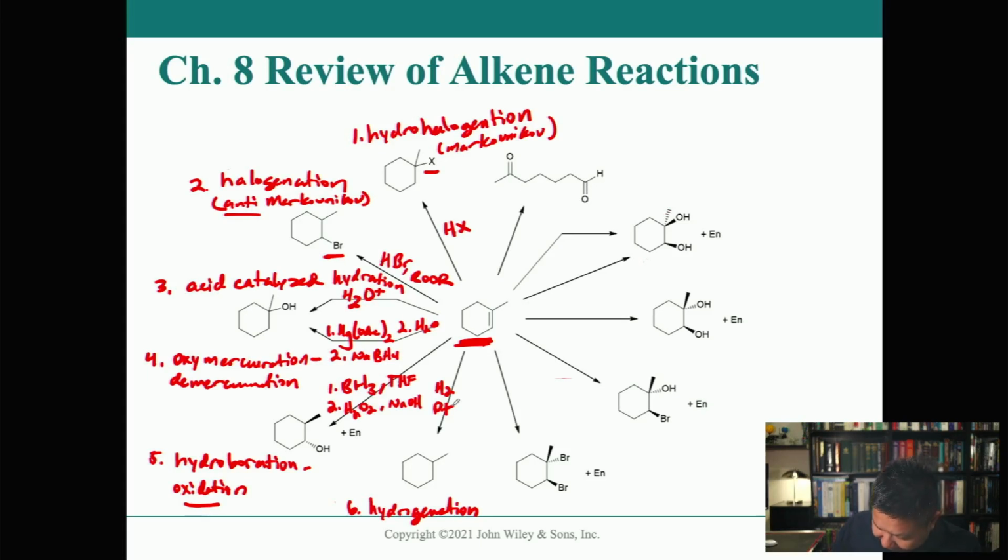This one's pretty easy, number 7, because literally you see bromines coming off of the alkene now, addition of the bromines. So this is bromination. And the only thing we need for bromination is Br2, bromine gas.